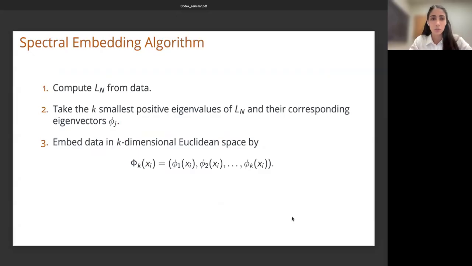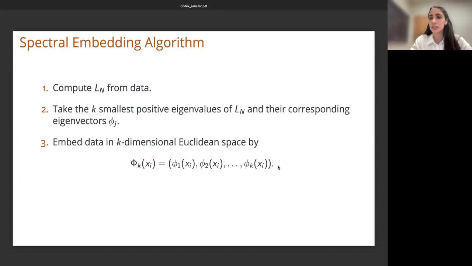Okay, so let's review the spectral embedding algorithm. The idea is to compute the normalized graph Laplacian from data. Then we compute the k smallest corresponding eigenvectors. And then we're going to use these eigenvectors to embed our data in a k-dimensional Euclidean space, as given by this formula.